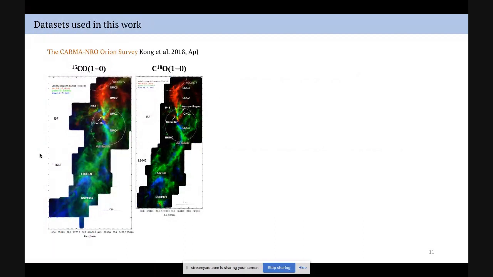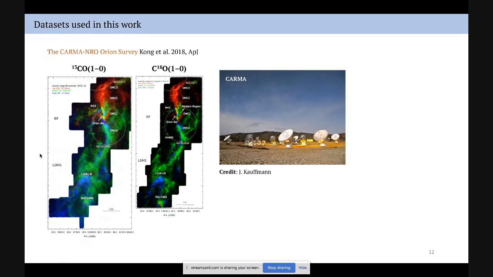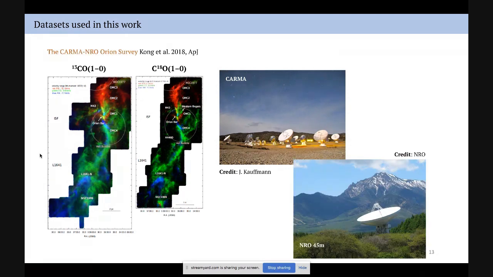Luckily for me, most of this data is already presented in the earlier session. I've been a part of the CARMA Orion survey. So for this work, I used 13CO and C18O emission maps. These maps were obtained by combining the interferometric data from CARMA and the single-dish data from the Nobeyama 45-meter telescope.